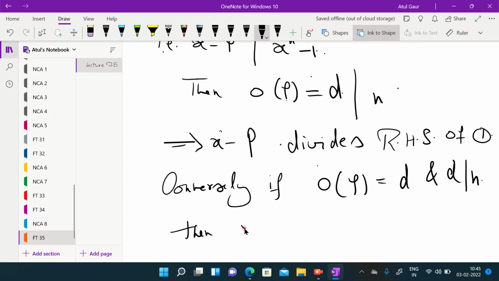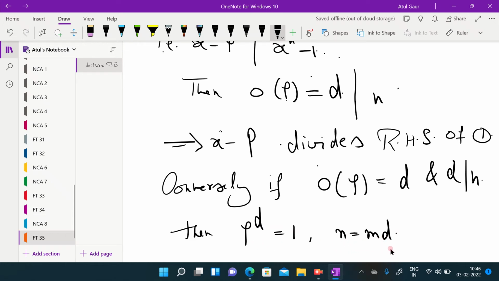So then rho power d, this is 1. Because d divides n, so n will be equal to, what is happening? It's rho power d. Alright.